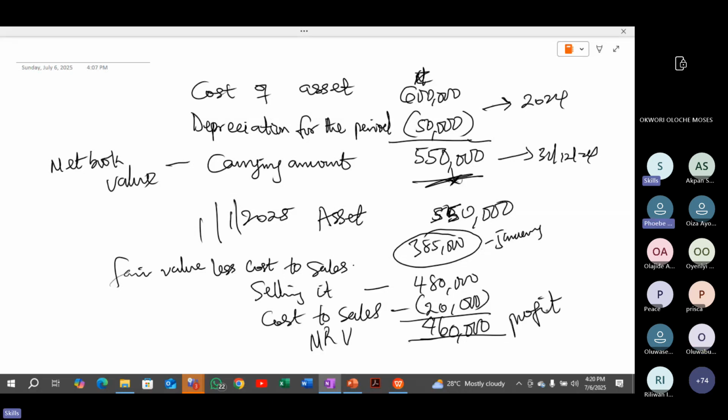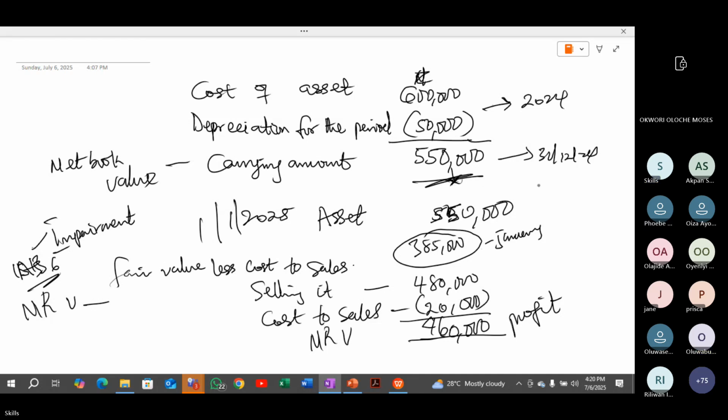Now, what does impairment mean? Impairment now means that under your net realizable value, for IAS 36, which is, sorry for my writing, impairment. That's another standard. You will still take it, but not today. Impairment is telling you that we all have carrying amounts. You understand carrying amounts now? Yes, sir. And the recoverable amounts.